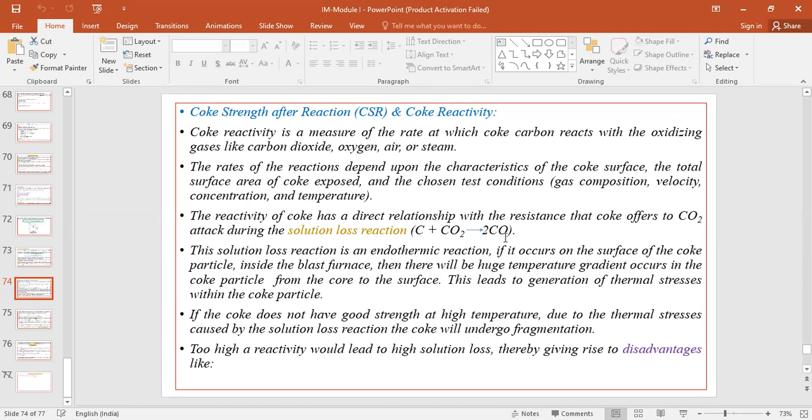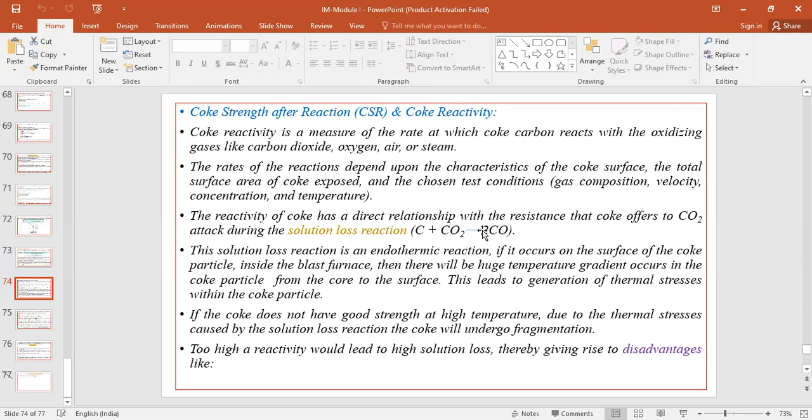If this occurs on the surface of the coke particles inside the blast furnace, then a huge temperature gradient occurs in the coke particle from the center to the surface, which leads to thermal cracks or thermal stresses within the coke particles. That will certainly lead to generation of fines.